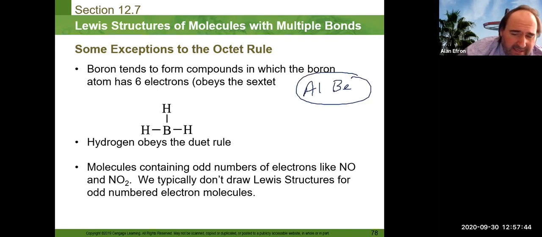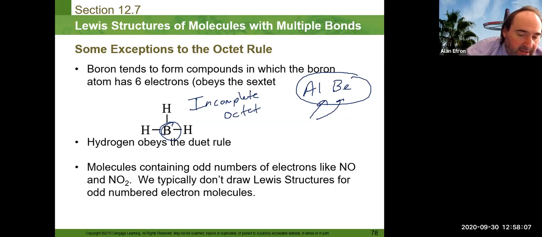But again, these guys, for the most part, will make more ionic type compounds. So we really don't come across it a lot with our incomplete octet. So our boron is our example that we typically will see. And again, this is sometimes referred to as an incomplete octet, where our last one was our expanded octet.